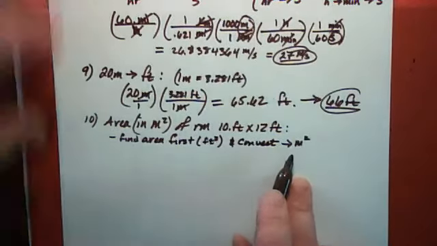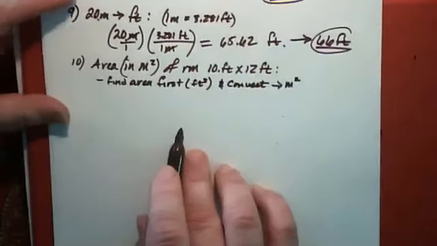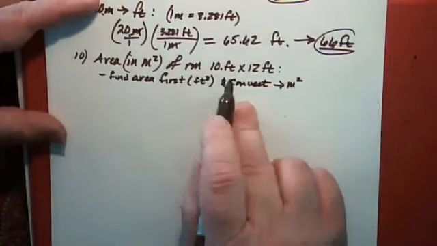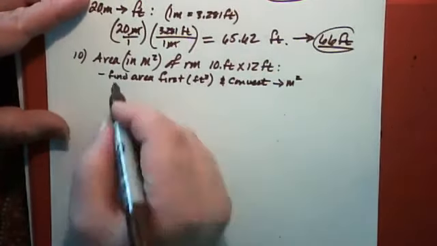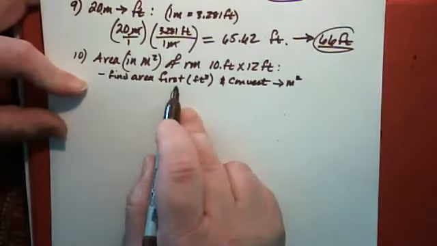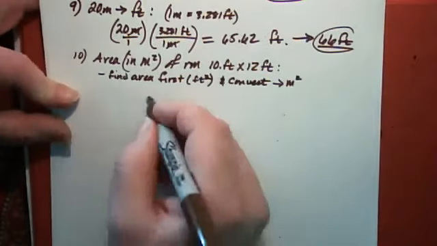The other way would be to do it the other way around. Convert 10 feet and 12 feet into meters and then just multiply them together. So let's try it the first way first. Find the area first in square feet and then convert to square meters.